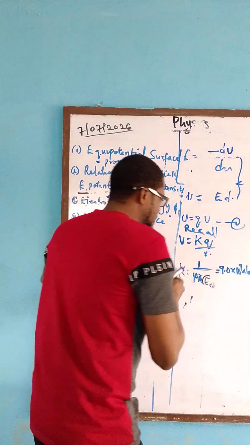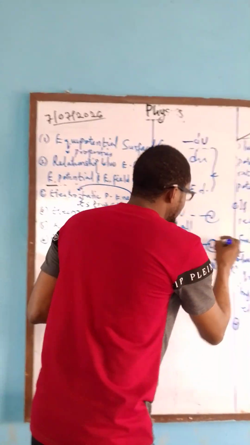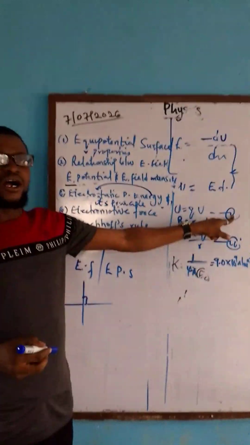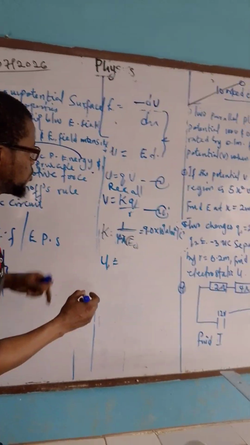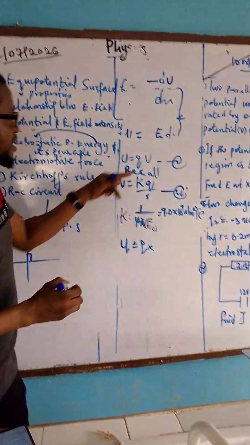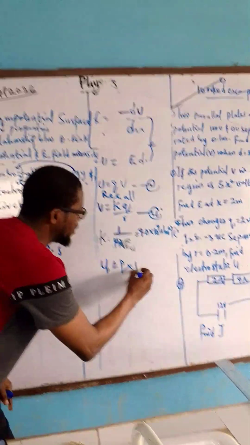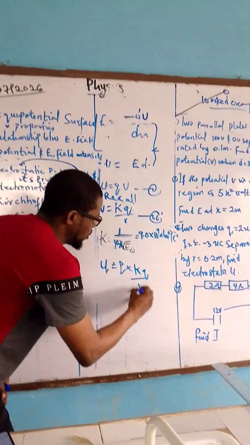R. So let's call this one equation 2. Now by rewriting equation 1 using equation 2, I'll have U is equal to Q. Now instead of writing V, what am I going to write? KQ over what? R.